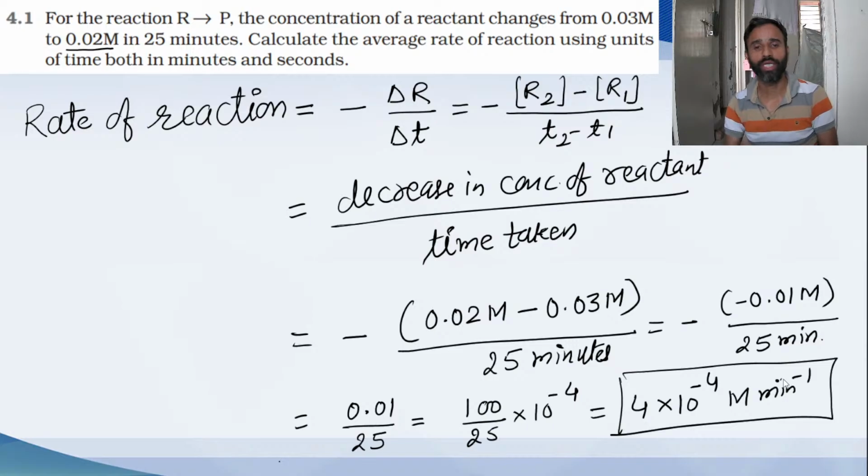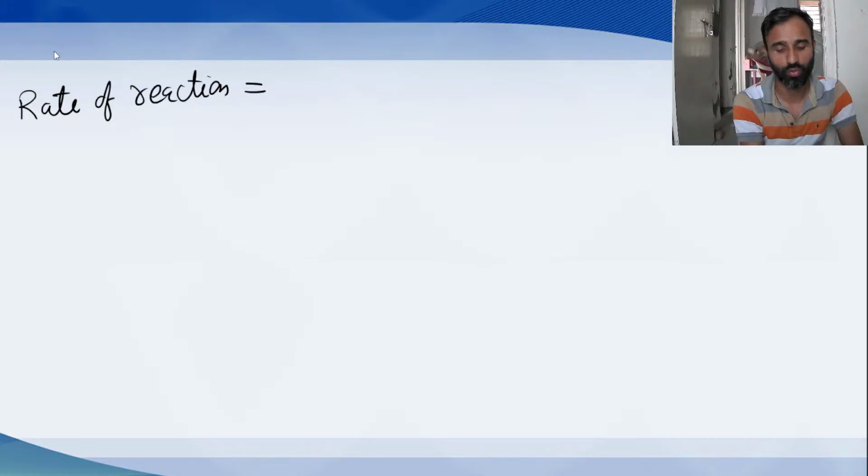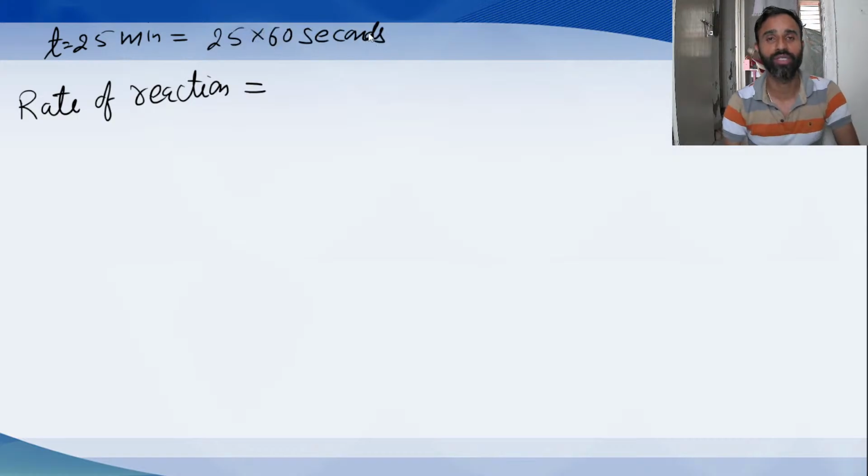Okay, now in seconds. To calculate the answer in seconds, we just write the rate of reaction equal to, now time is 25 minutes, so it is equal to 25 into 60 seconds.